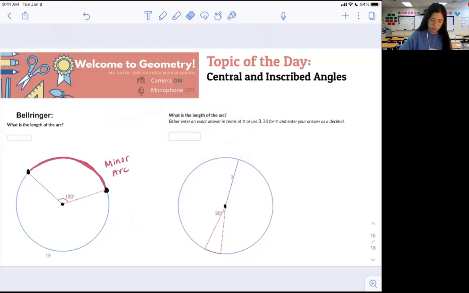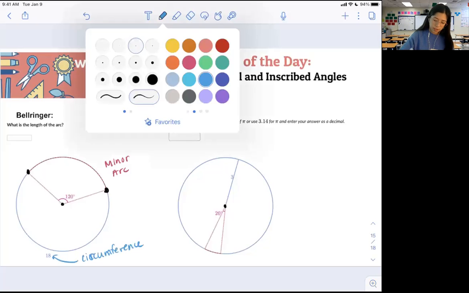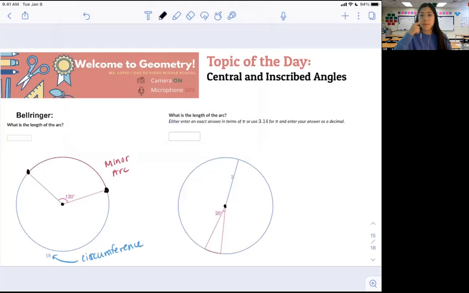And we know, what is 18 referring to? 18 is the circumference. Good. So we're going to set up a proportion. And I see that Perla already got us started on it. So my proportion is going to be 120 over 360.